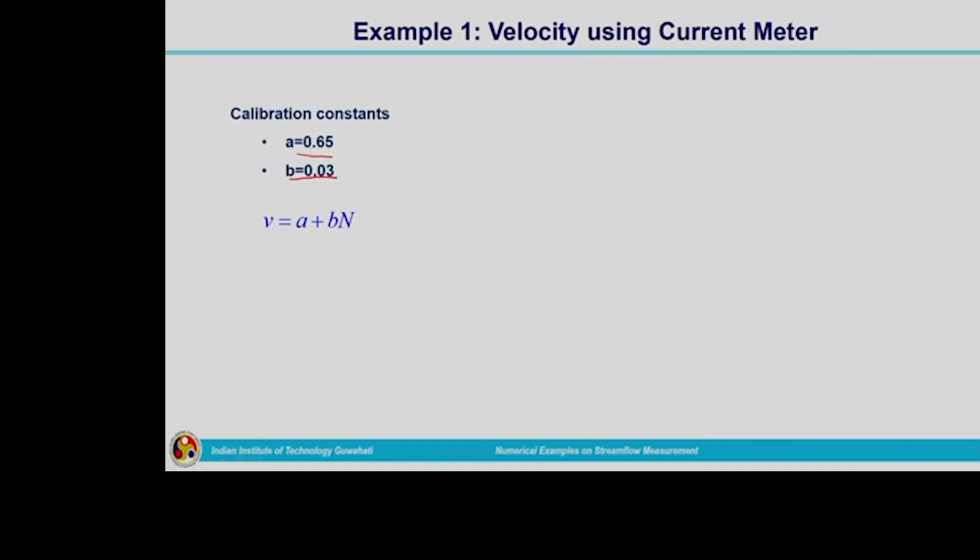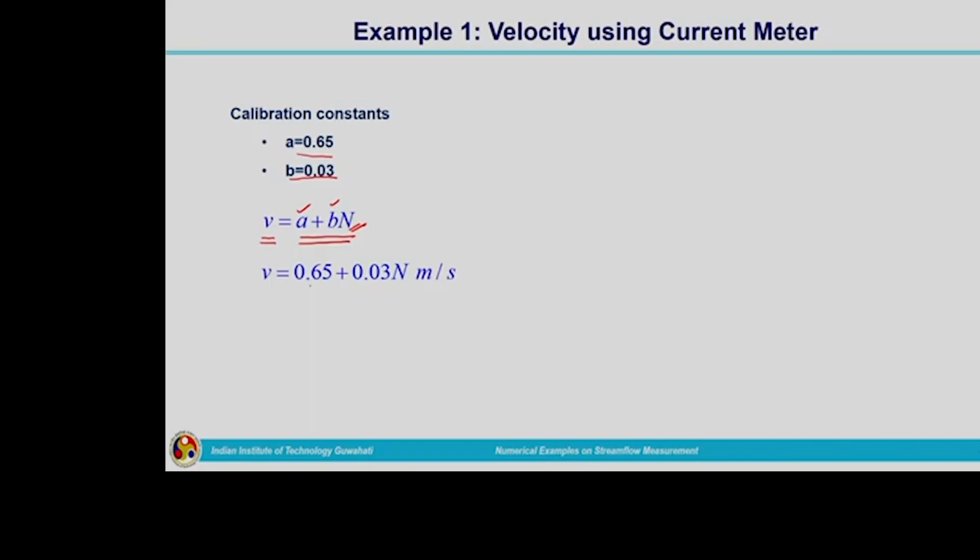We know the formula for velocity calculation using the current meter readings is given by this equation, V is equal to A plus Bn. A and B are the calibration coefficients and n is the rotations per second. So the data required for computing velocity are with us. We just have to substitute in this equation to get the corresponding velocities at different depths.